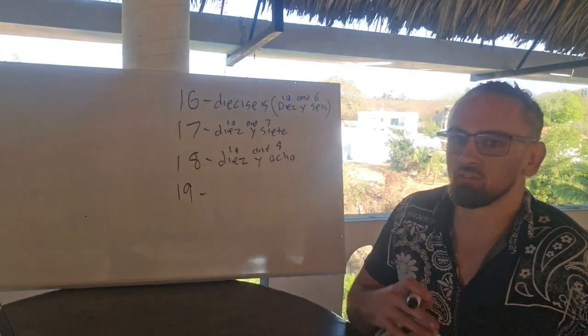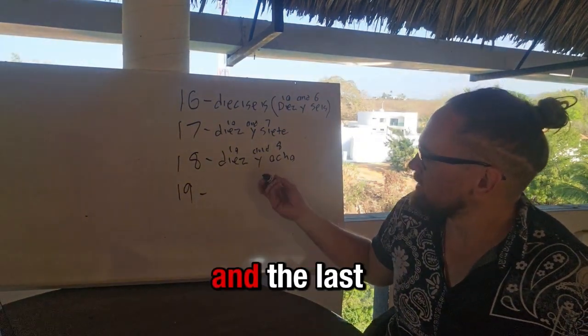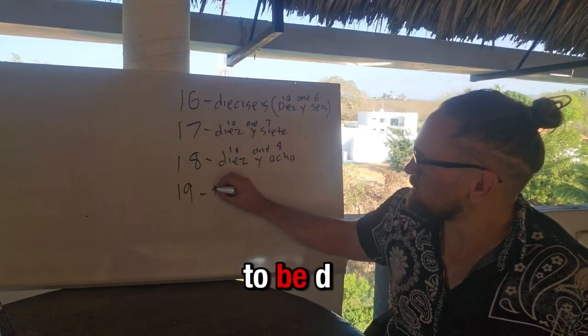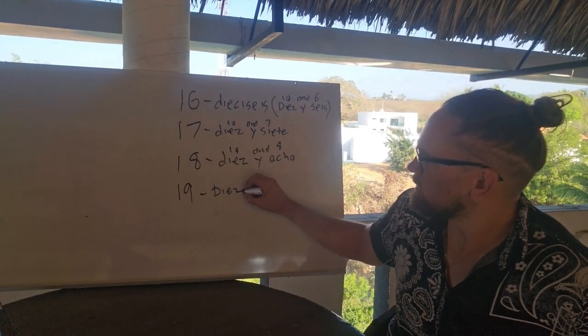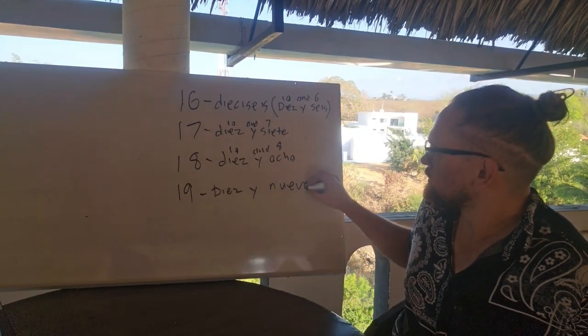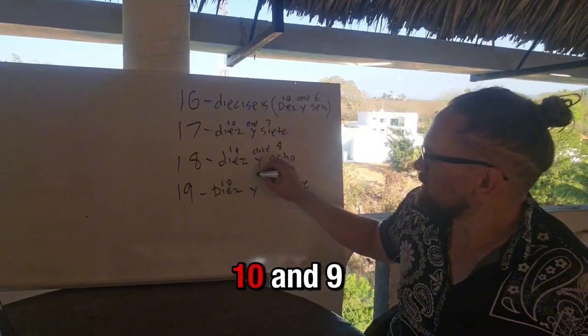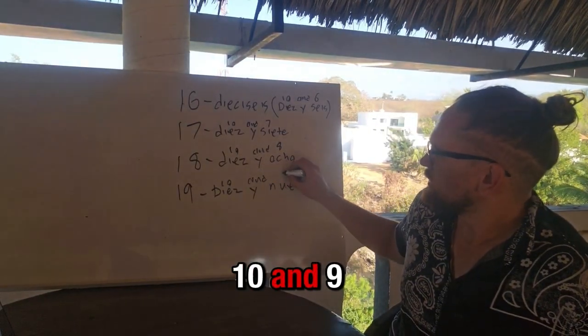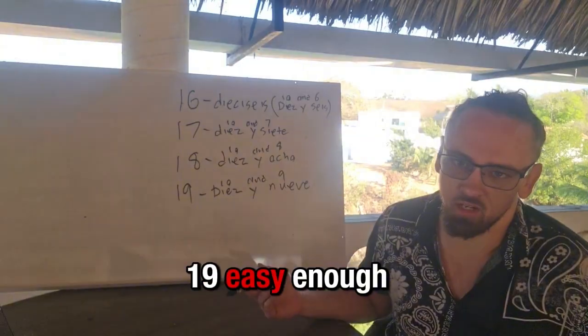And then the last one we have is 19, which is going to be 10 y 9, 10 and 9, 19. Easy enough, right?